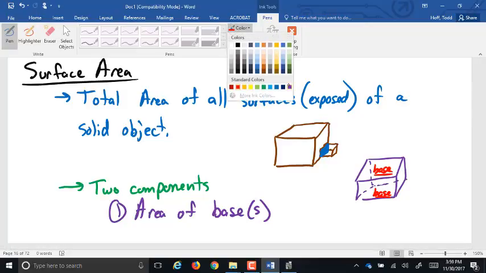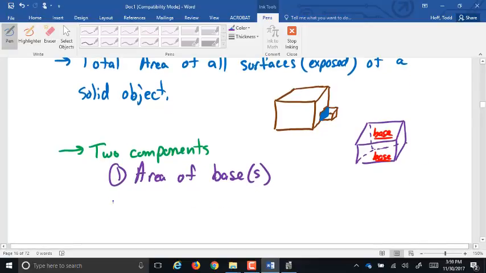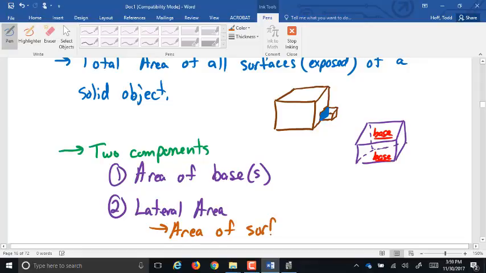The other part is called lateral area. Lateral area is the area of the surfaces connecting the bases. So for this box here, that's the area of this end rectangle, the back rectangle, this end rectangle, and the front rectangle.